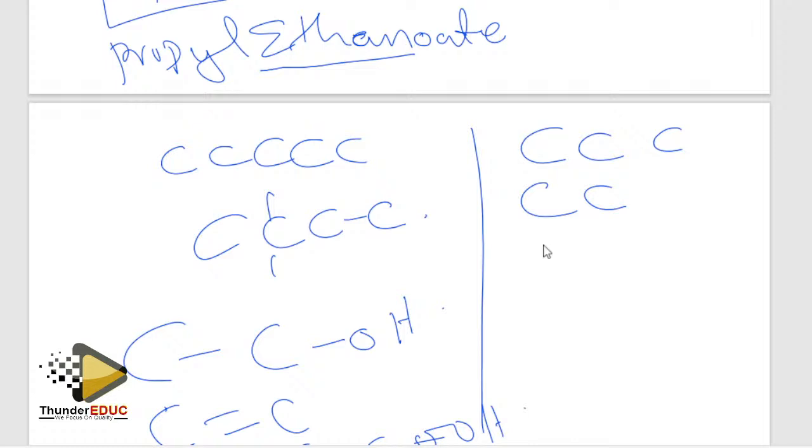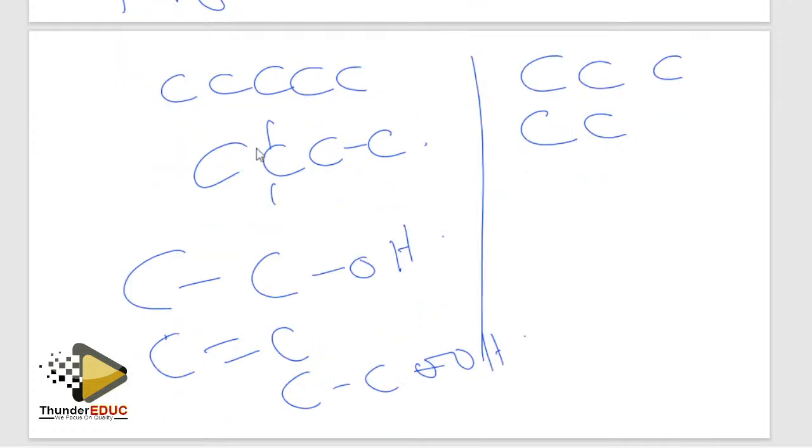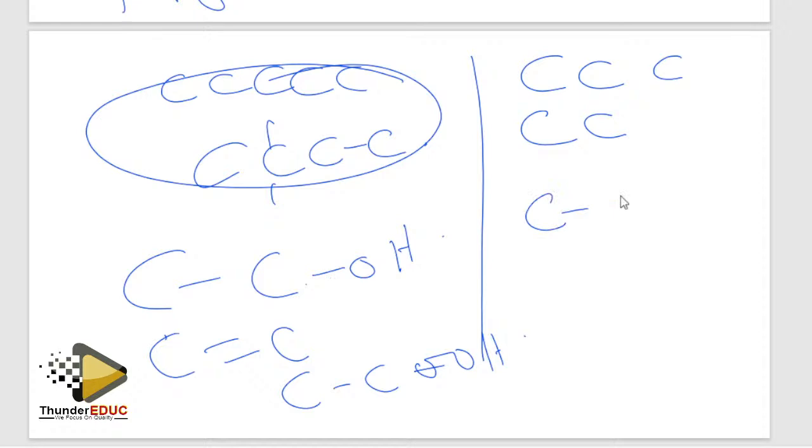Do you understand? So now, know which type of forces are found in what. Alkanes have London forces. Alcohol has London forces and hydrogen bonds. Haloalkane has London forces and dipole forces.